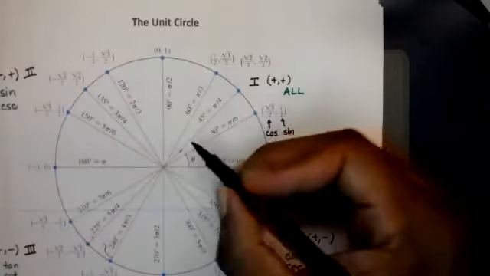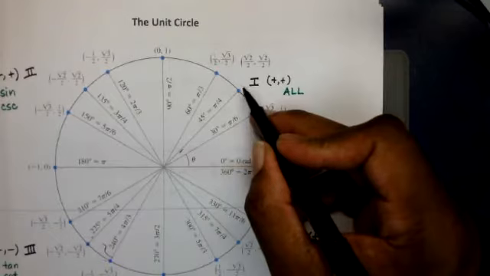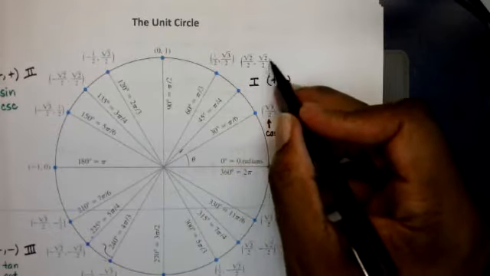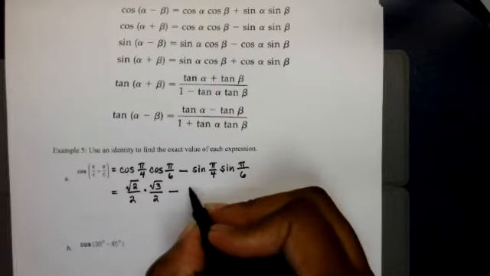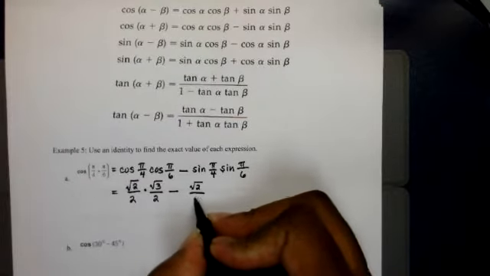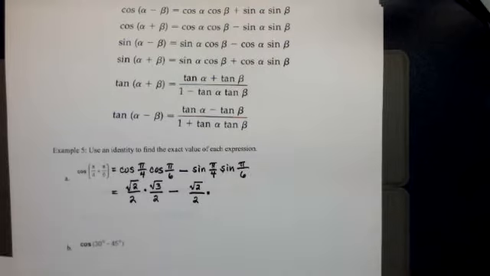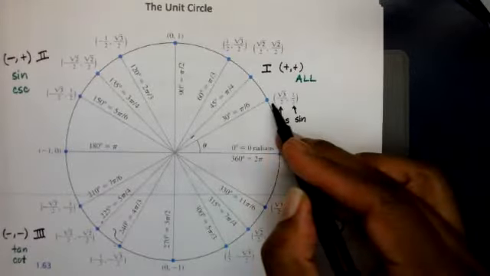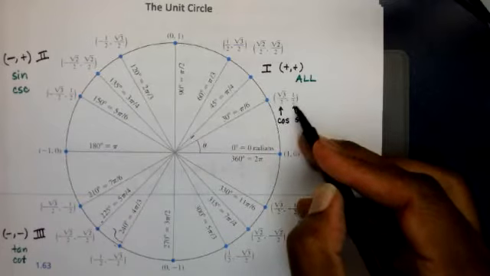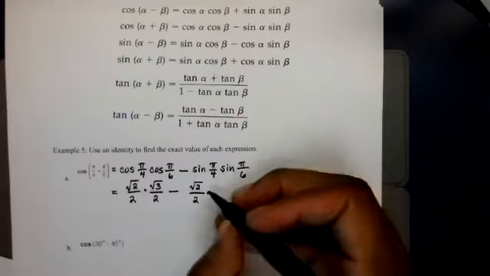So starting with pi over 4, the y-coordinate for pi over 4 would be this one, square root of 2 over 2, times sine of pi over 6. But here's pi over 6. The y-coordinate for pi over 6 will be 1/2.